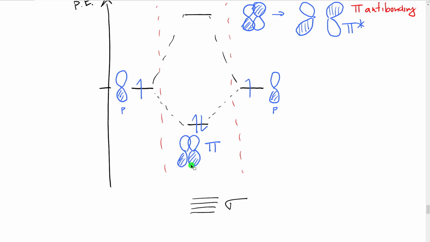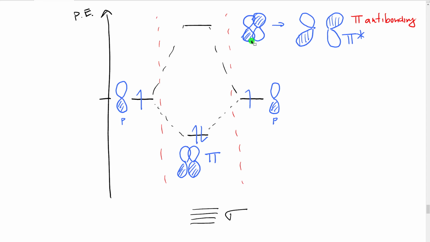Those form a pi bonding orbital that goes down in energy, and a pi antibonding orbital. The antibonding orbital is really interesting because we get a node that goes all the way through both parts, so it forms sort of a butterfly shape. In the middle there would be zero electron density, and the electrons would be poking out into space on the other side of the atoms, away from each other.